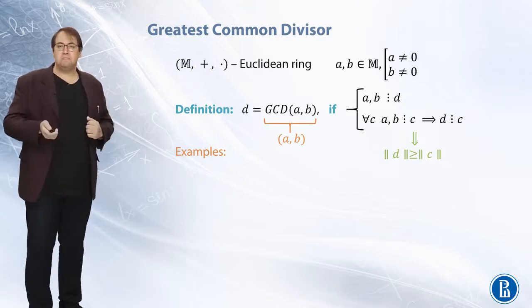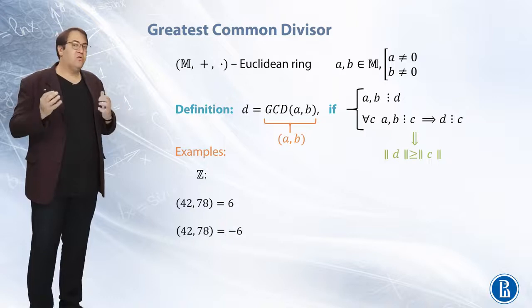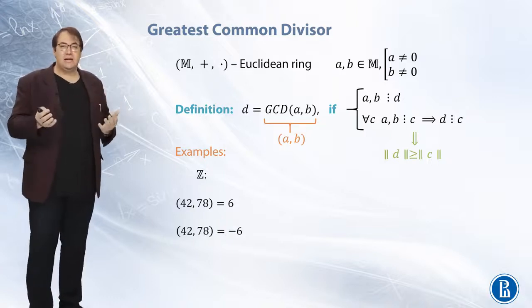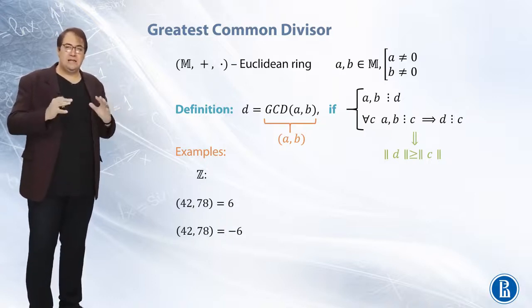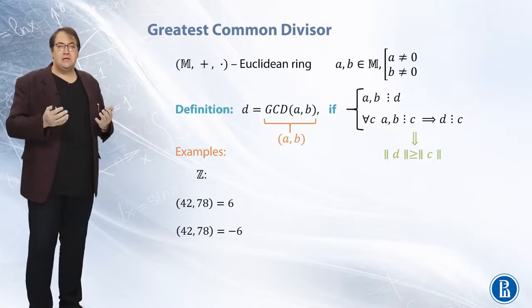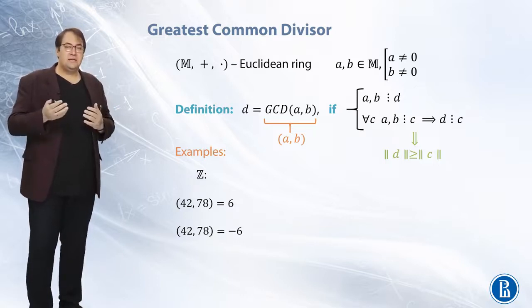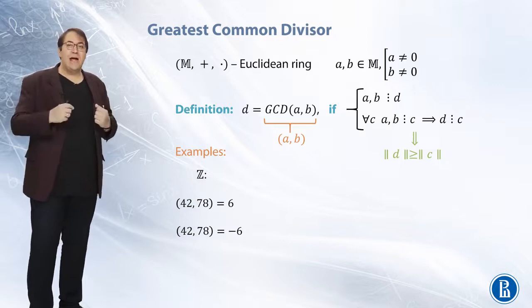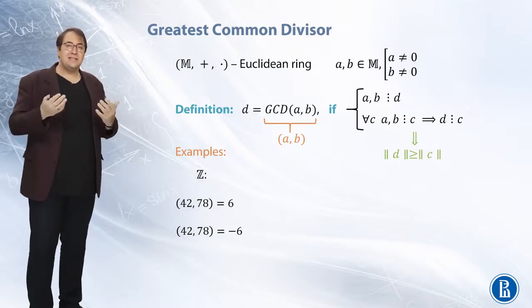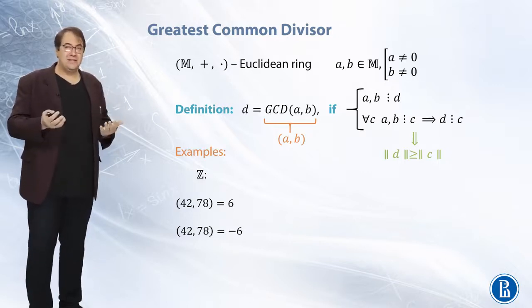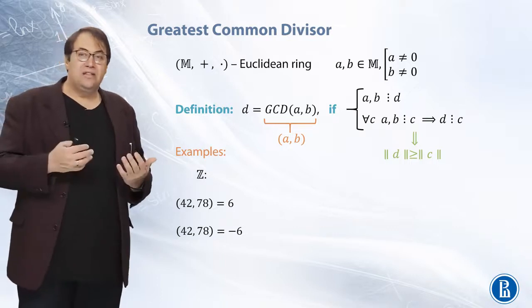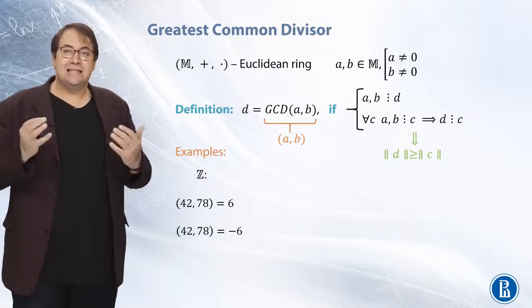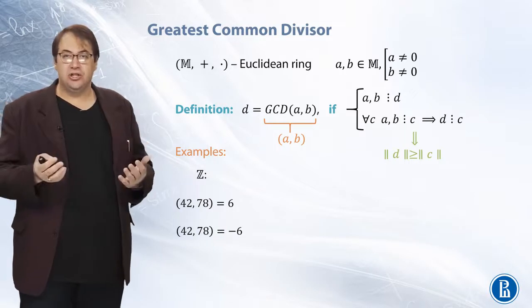For instance, in the ring of integers, take 42 and 78 as A and B, and their greatest common divisor is 6. However, at the same time, their greatest common divisor is -6, because both 6 and -6 satisfy the condition from the definition.